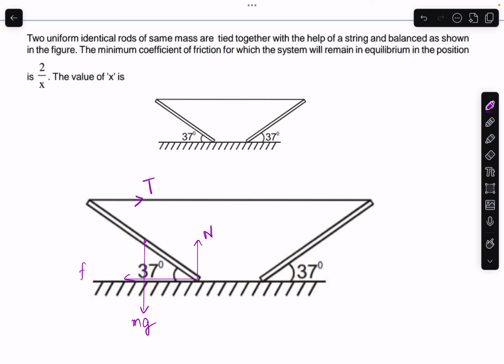This friction force must be limiting because we have to find the minimum coefficient of friction. So we must take the limiting value of the friction, and so this will be equal to mu times N.